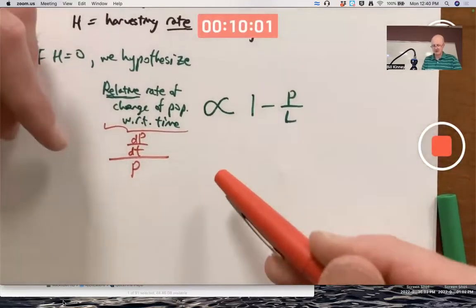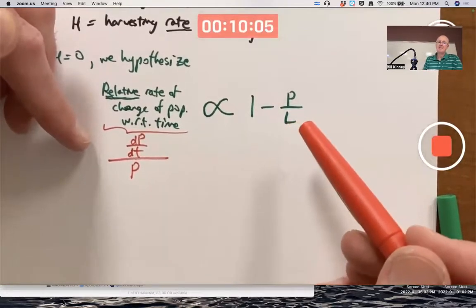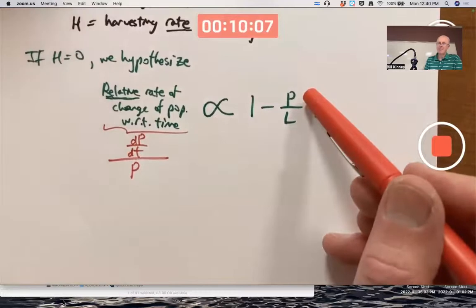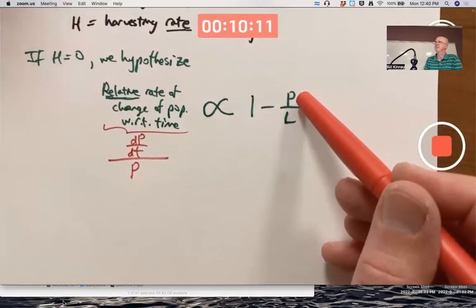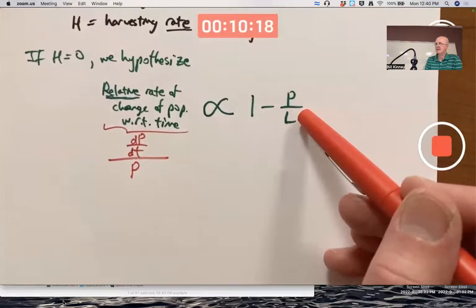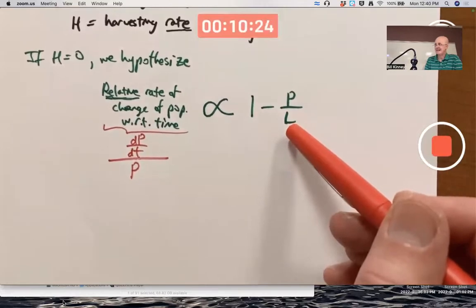Again, think about it intuitively. If, say, at some moment in time, L is 10 and let's pretend P is 1 million. So 1 in millions. 1 divided by 10 would be 0.1. 1 minus 0.1 would be 0.9.